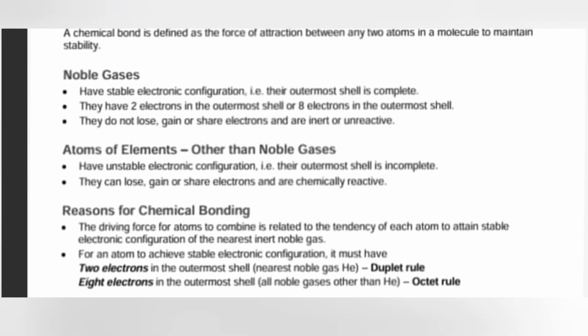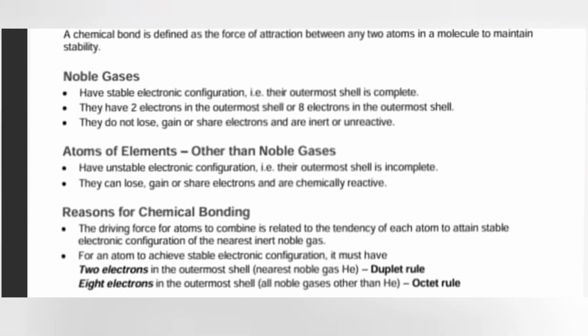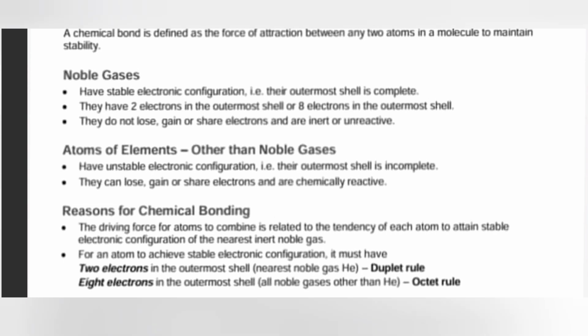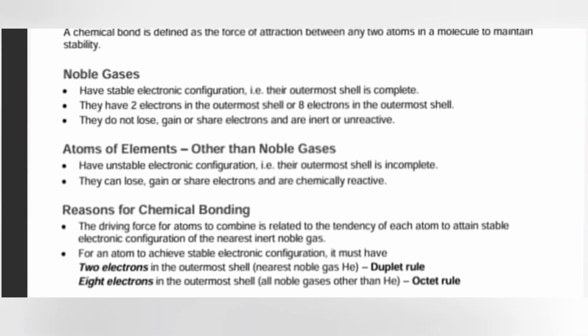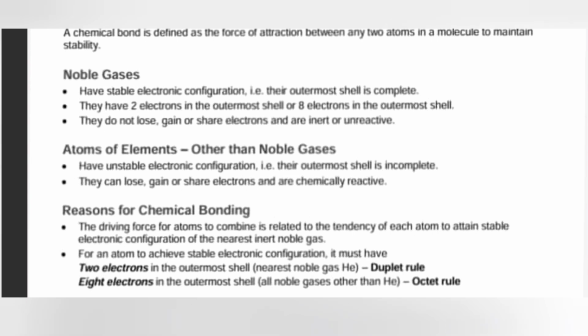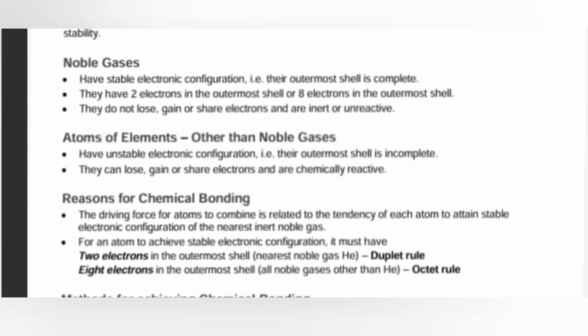These atoms can lose, gain, or share electrons and are chemically reactive because their outermost shell is incomplete and they want to achieve stability, so they react, and due to this there is sharing, gain, or loss of electrons.